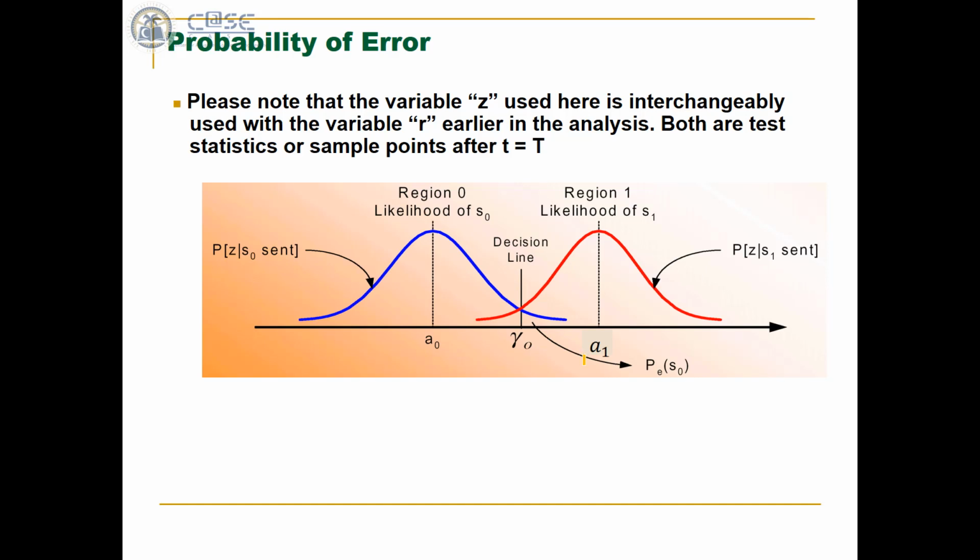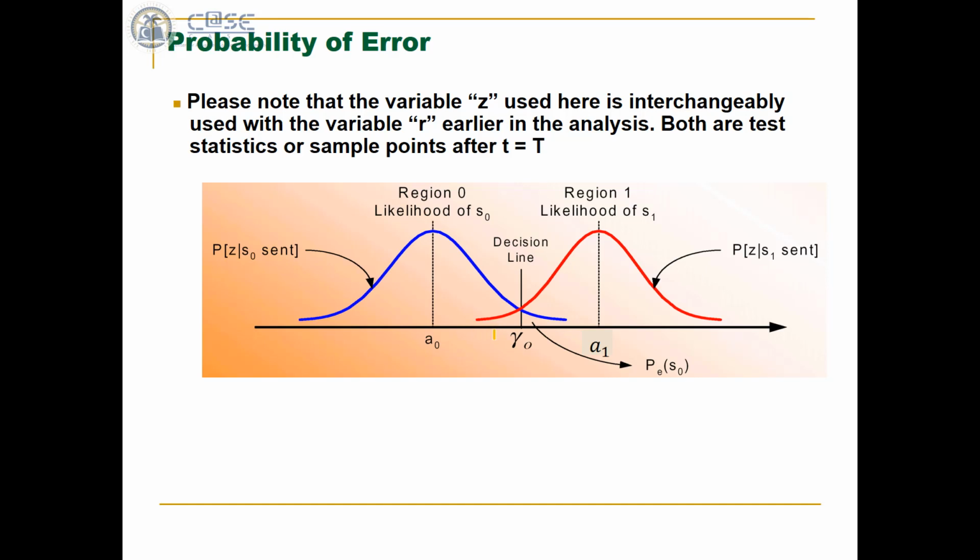Now let us suppose we transmitted the signal class S1 from the transmitter with the norm A1 mentioned here, and somehow, because of the noise, this norm value changes and goes below this threshold point gamma naught and comes here on the left hand side, somewhere here, right?